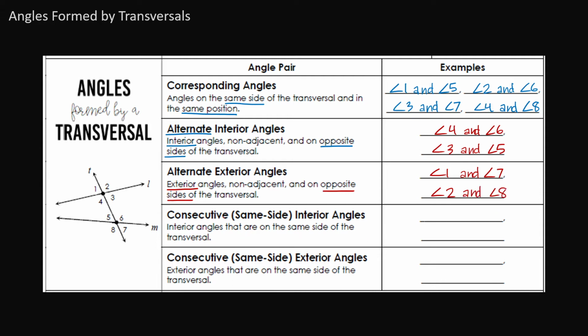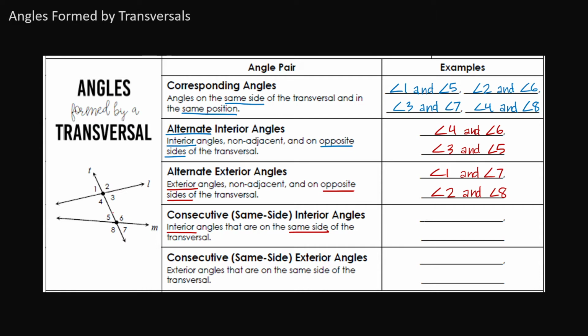Next we have consecutive or same side interior angles. These are inside lines L and M. They are interior, and they are on the same side of the transversal. So when I see the angles inside lines L and M, I see 4, 5, 3, and 6.